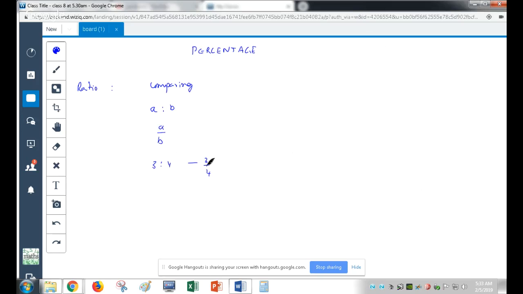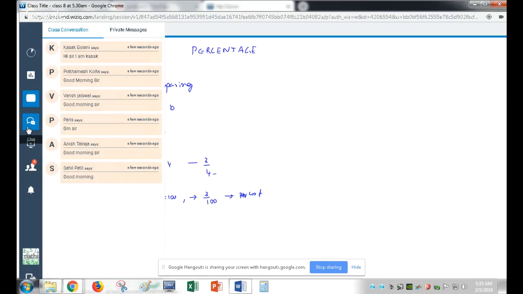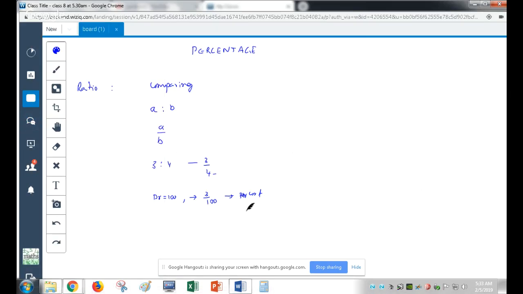So, if the denominator is 100, for example, 3 by 100, then we call this percentage, percent. Cent means 100. So percent means if the second number is 100, then we call it a percentage.